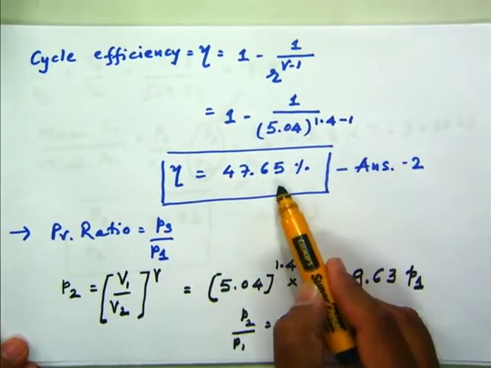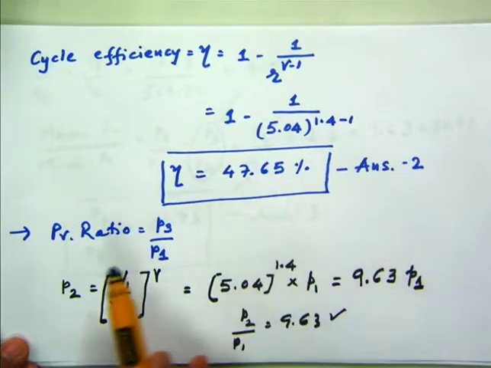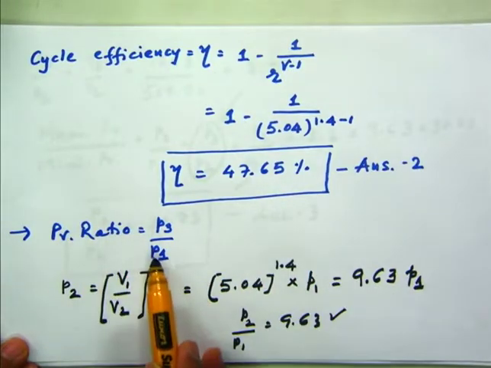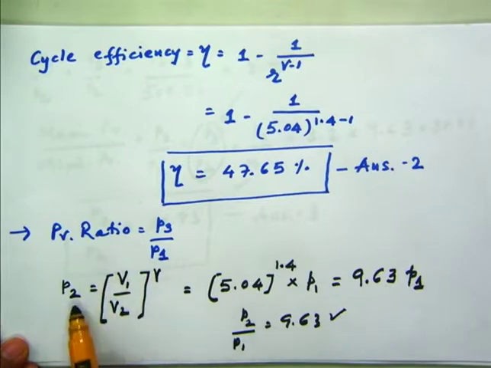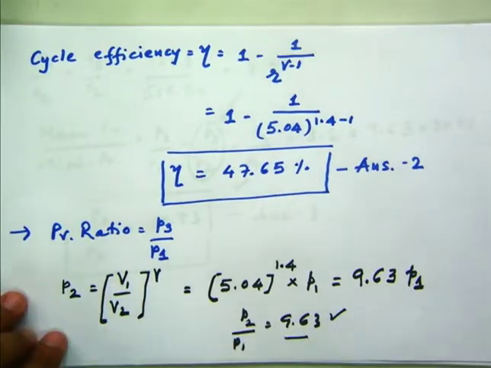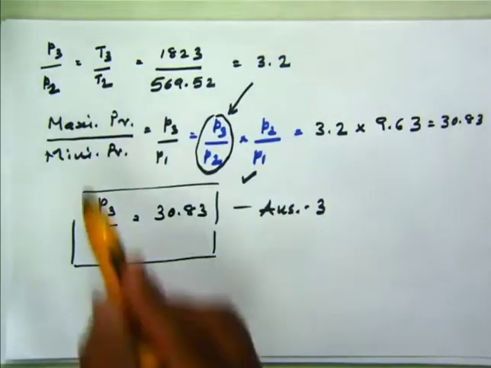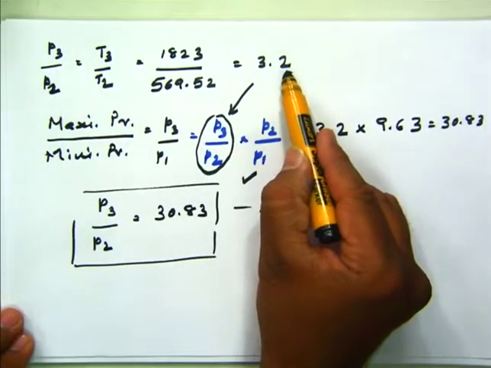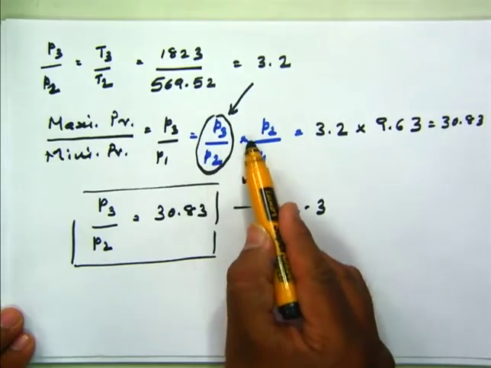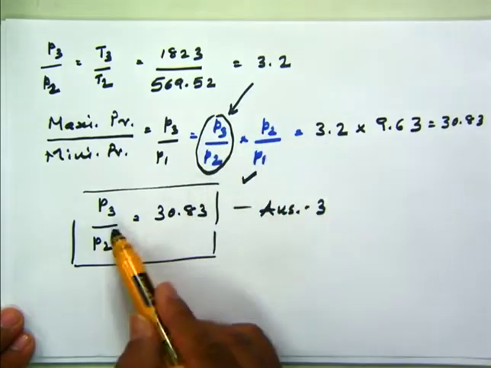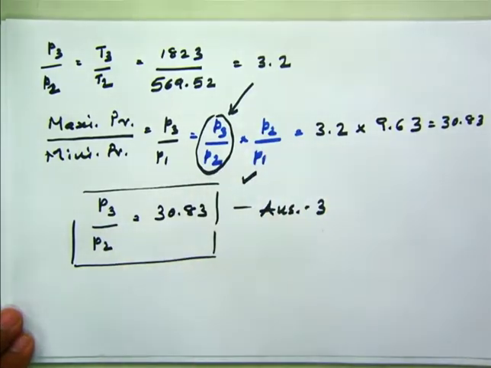You put this, you will get the cycle efficiency. And the pressure ratio P3 upon P1 you will get: first you get P2 upon P1 as 9.63, second you get P3 upon P2 as 3.2. So P3 upon P2 into P2 upon P1 gives you P3 upon P1 as 30.83.